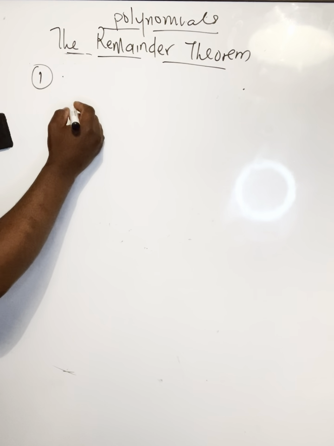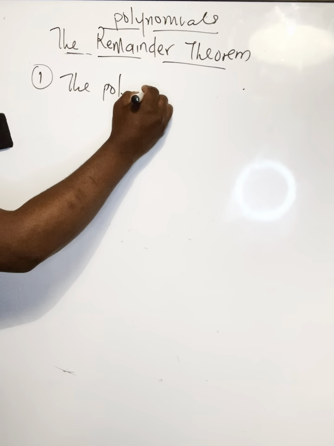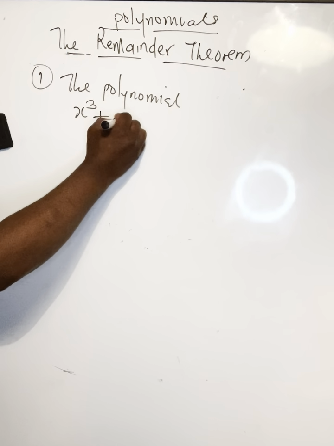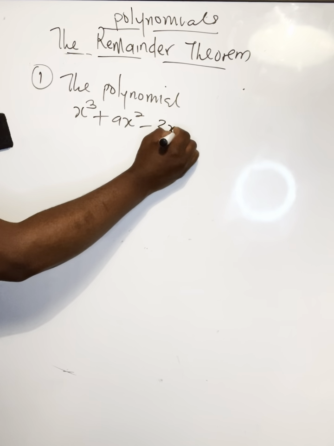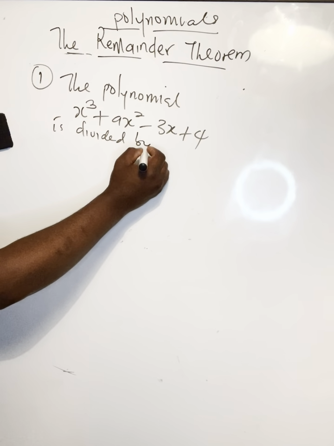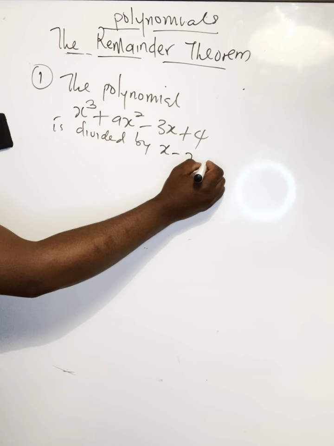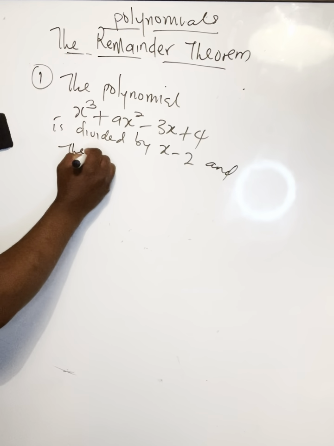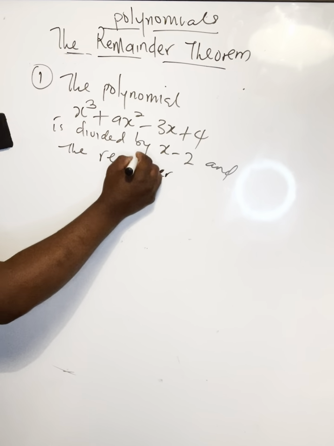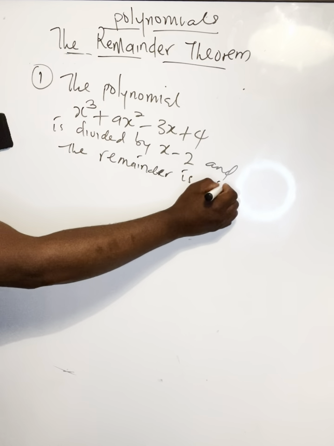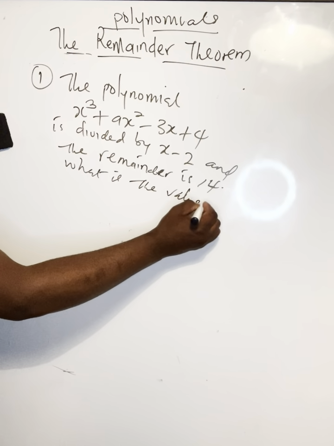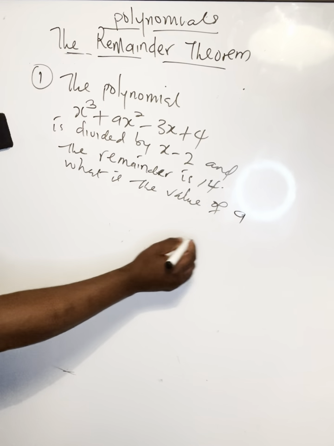The second example says the polynomial x raised to the power of 3 plus ax raised to the power of 2 minus 3x plus 4 is divided by x minus 2 and the remainder is 14. What is the value of a?